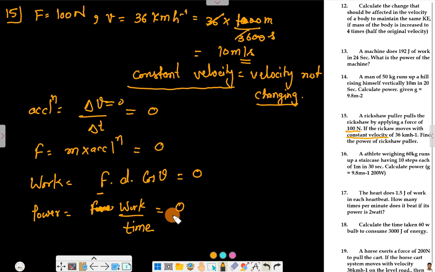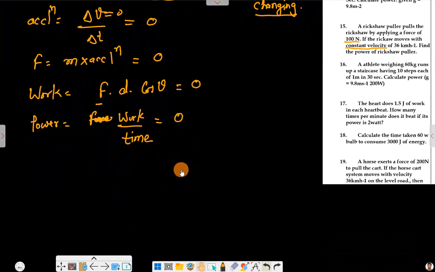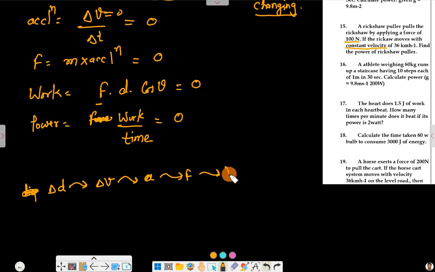Okay. So you can draw this conclusion from this whole scenario: from change in displacement we get velocity, from change in velocity we get acceleration, from acceleration we get force, from force we get work, and from work we get power.